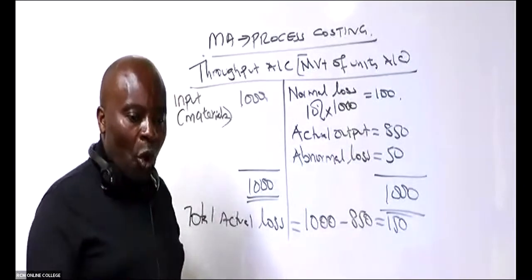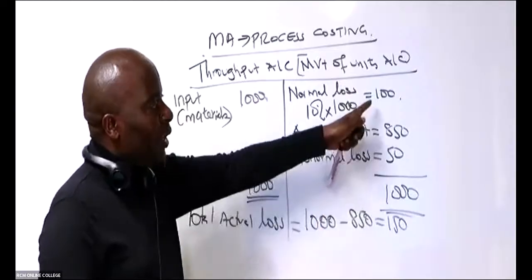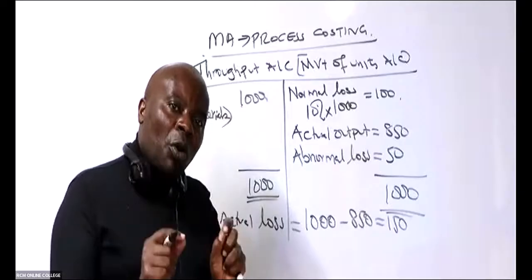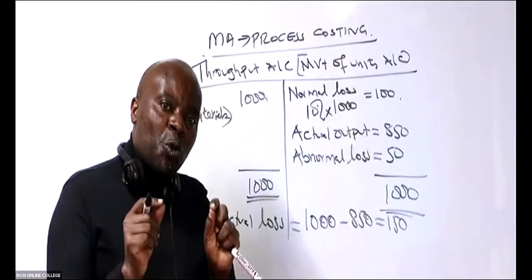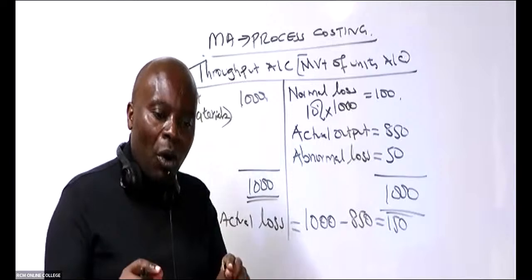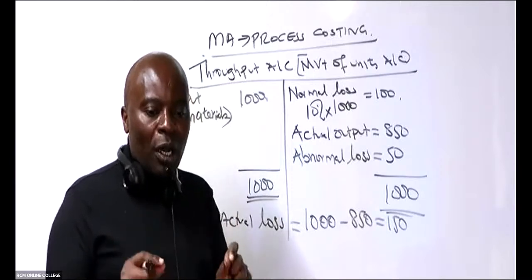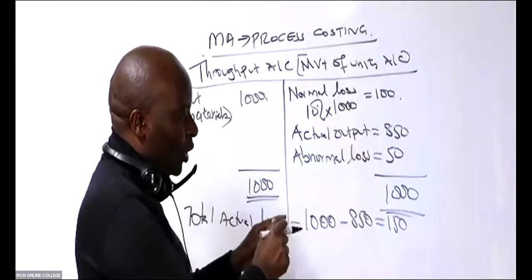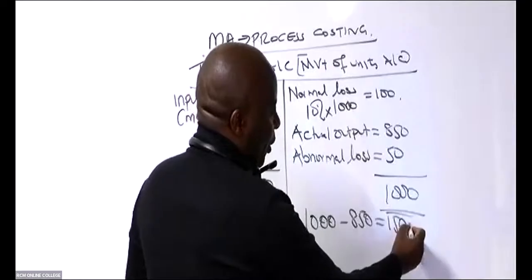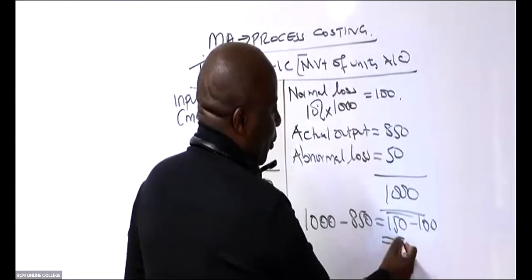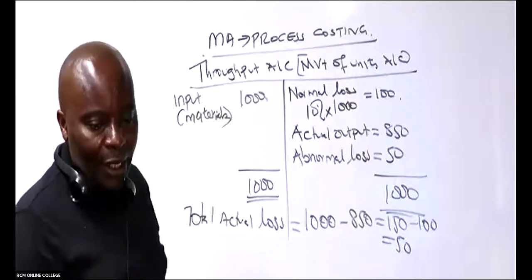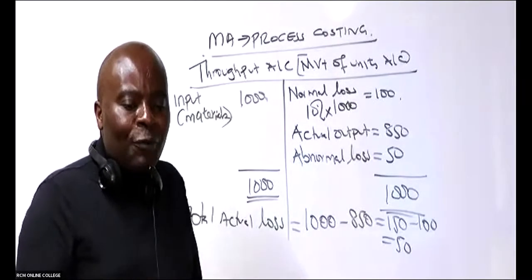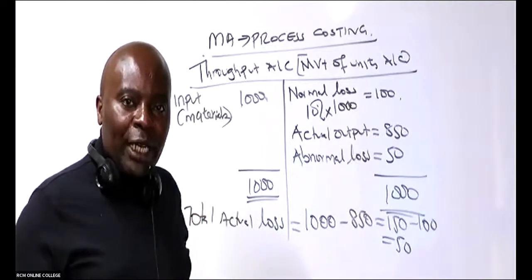And this total loss of 150 is more than the normal loss. Whenever the actual loss is more than the normal loss, you're going to get what we call an abnormal loss. The actual loss is 150 and the normal loss is 100. So if you subtract 100, we get an abnormal loss of 50. But we don't have to go that way at all.